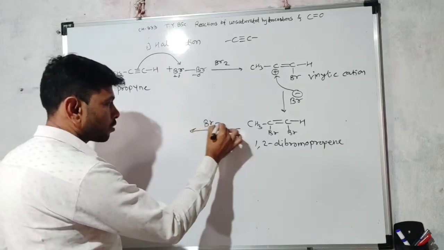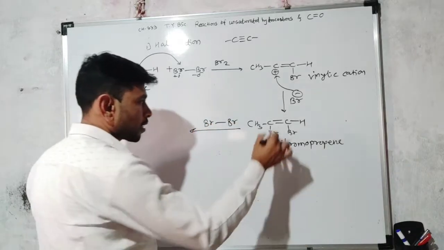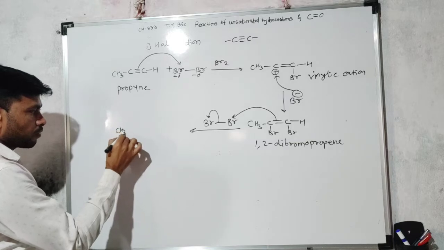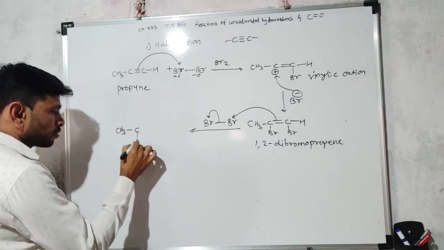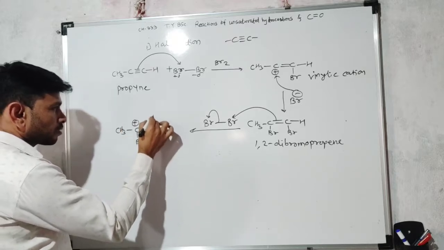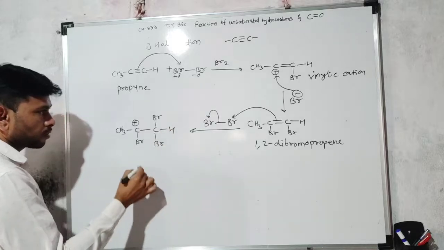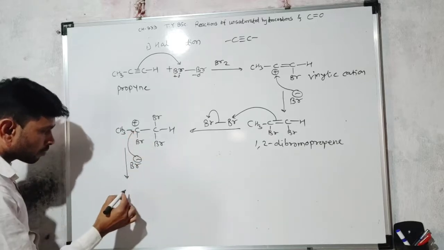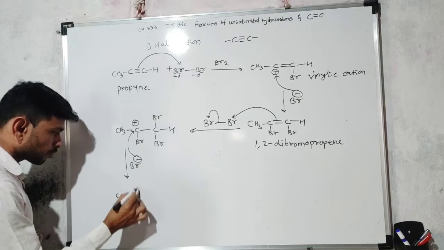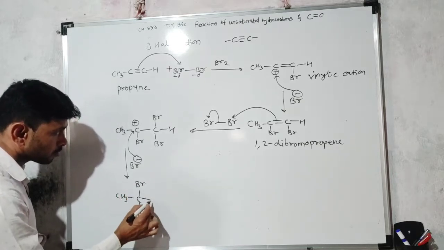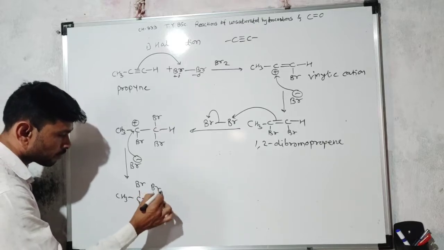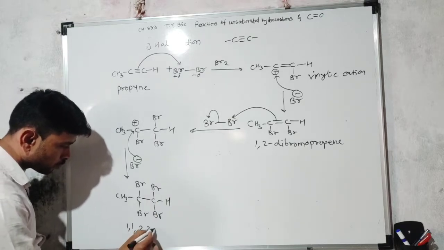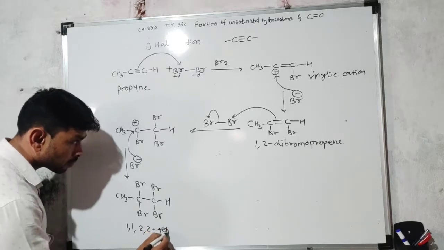Another mole of Br2 attaches here, where the process takes place in this way, where CH3 C, the attachment of Br here, H, and now in the next step the residual Br minus attacks on this carbocation, and we get the product here: 1,1,2,2-tetrabromo propane.